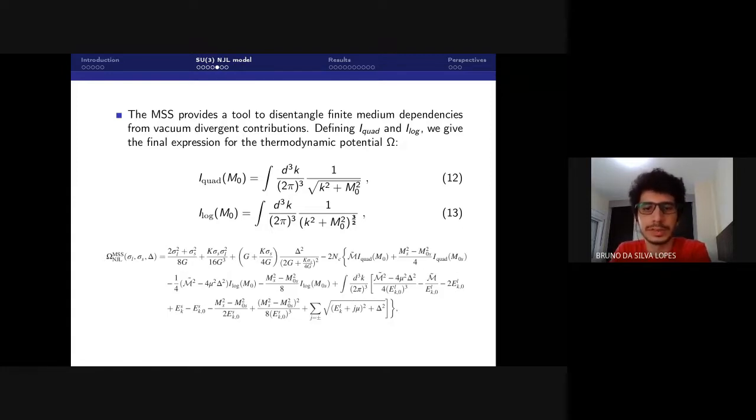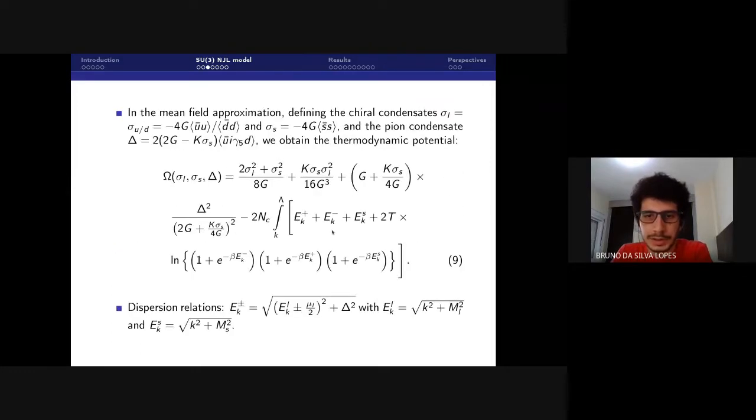We can work with these terms, and the MSS is a way to disentangle the finite medium dependencies from the vacuum divergent contributions. If you see here in these terms, we have the effective quark masses.